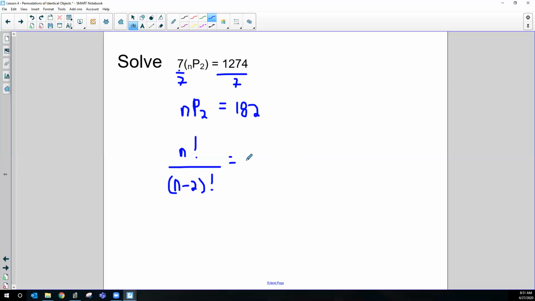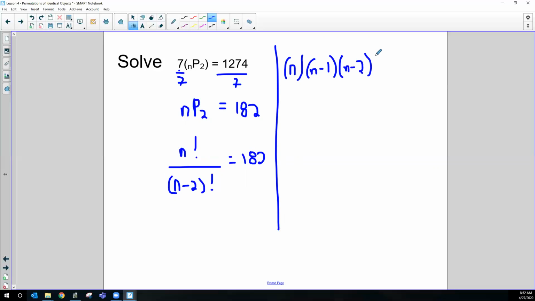is equal to 182. Now, this looks a lot like the previous lesson. You take the bigger factorial and expand it until it cancels. So n factorial, expanded to n times (n minus 1) times (n minus 2) factorial.